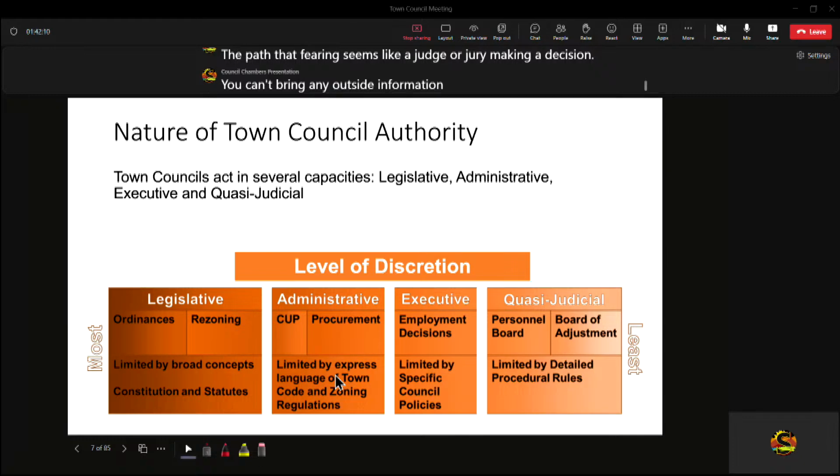So I just want to explain that you do have discretion when it comes to analyzing a use permit, a CUP application. It's not as great as it would be if a rezoning were requested. You have limitations on that discretion. In fact, I'll go a step further.